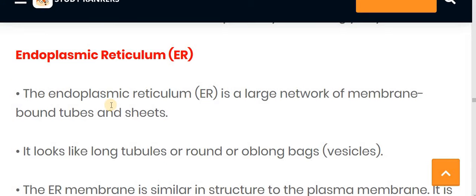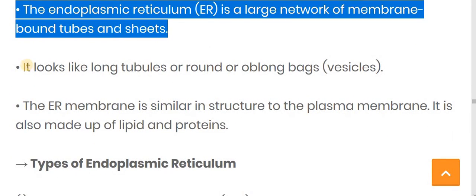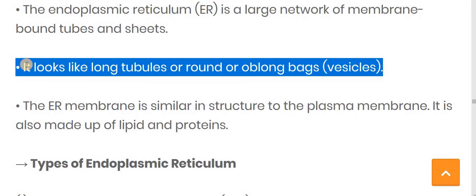Now let's revise all the organelles. The first organelle that we have seen is the endoplasmic reticulum, the ER. The endoplasmic reticulum is a large network of membrane-bound tubes and sheets. It looks like long tubules or round or oblong bags, the vesicles.